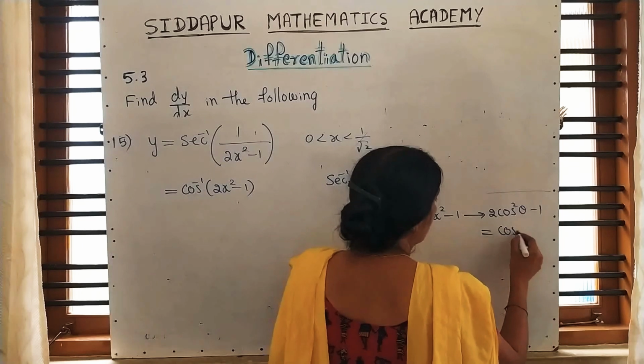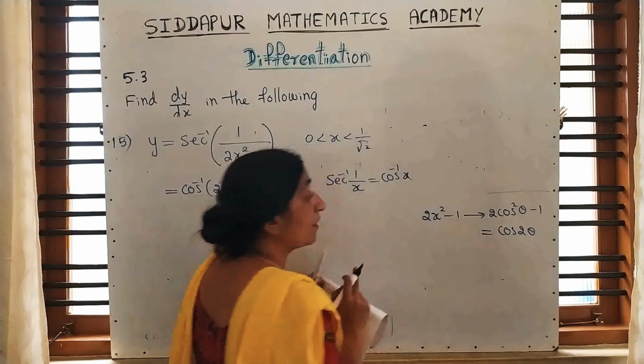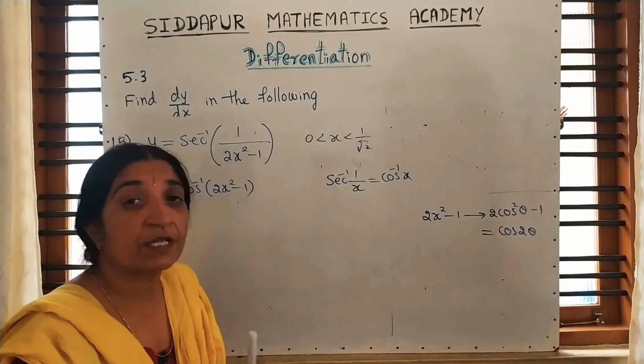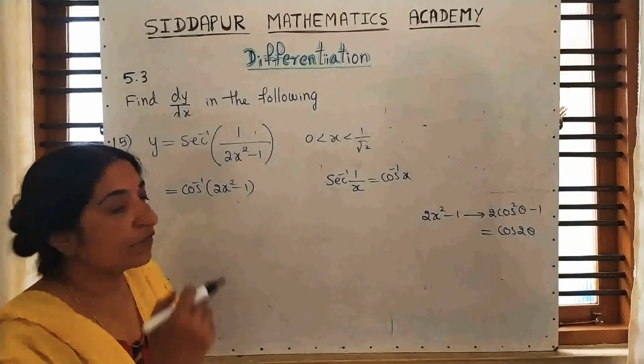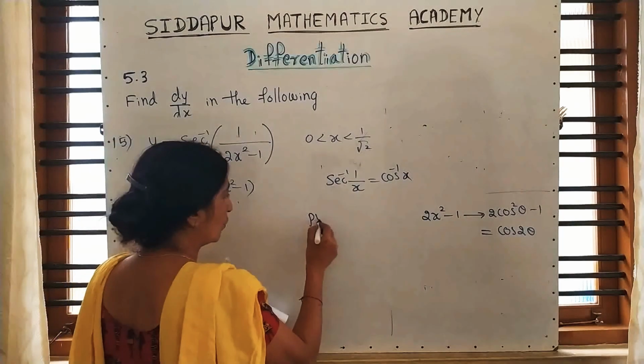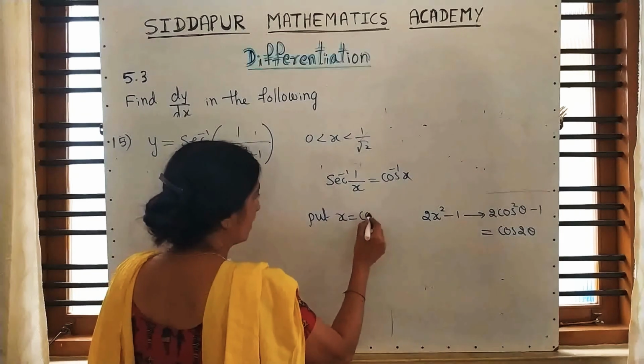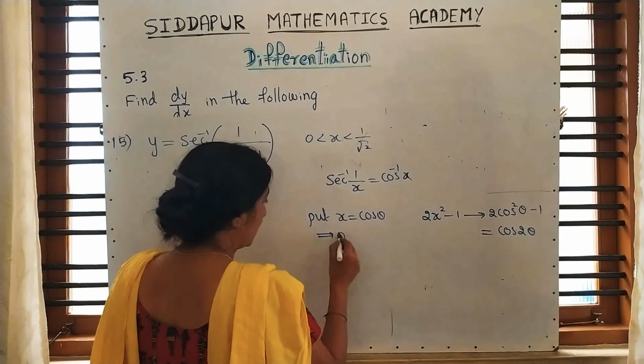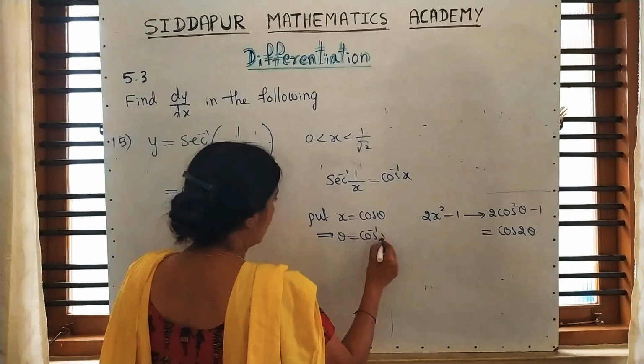That is nothing but cos 2 theta. Then tell me what will be the substitution in place of x? Yes, we are writing x is equal to cos theta. Theta is equal to cos inverse of x.